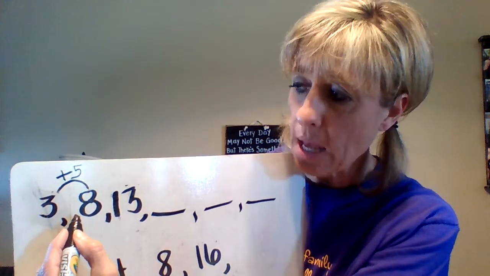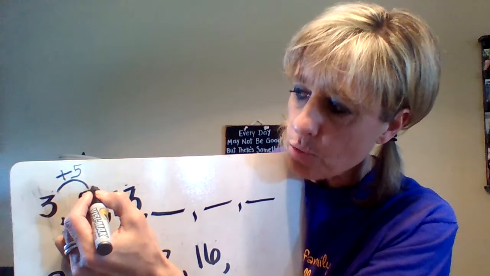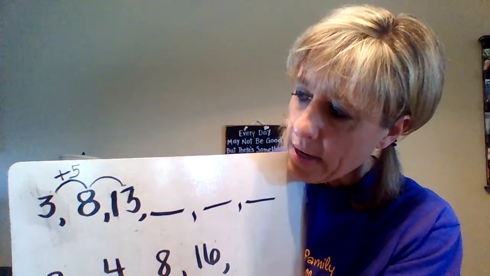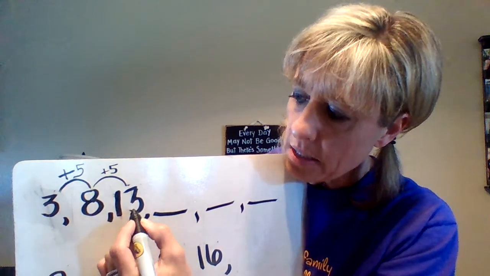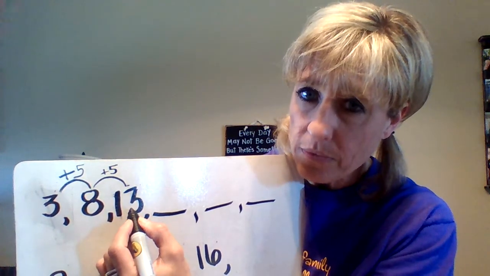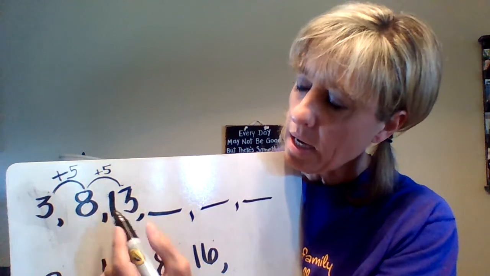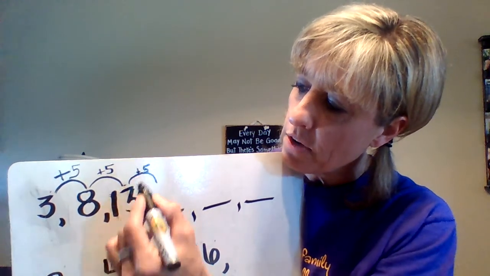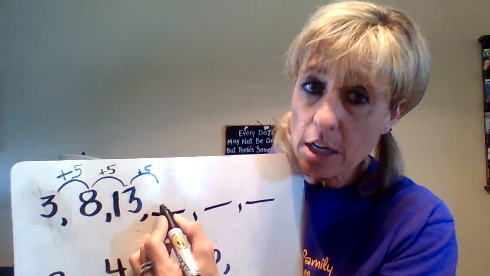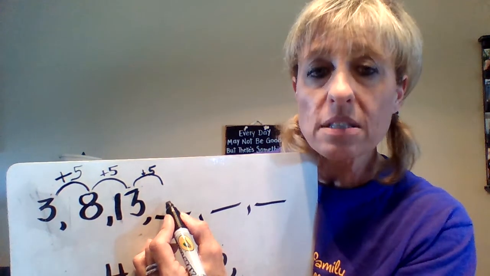Now we have to make sure that pattern still fits here to make sure we have that pattern correct. All right, let's see. Can we add 5 to 8 to get 13? Think about it. We can. Okay, and knowing that pattern, then we can use that same pattern to jump from 13 and figure out our next unknown number. What is 13 plus 5?